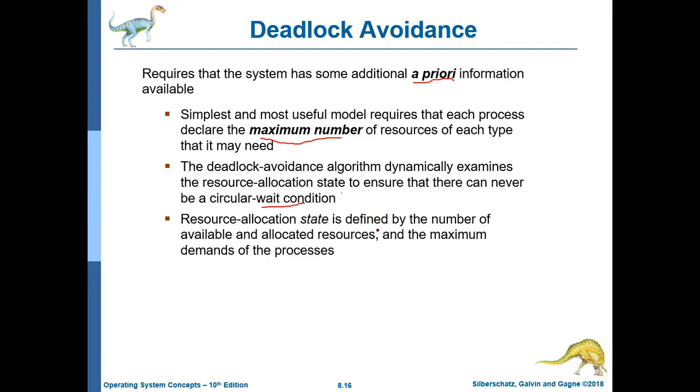Resource allocation state is defined by the number of available and allocated resources and the maximum demands of the processes. Whenever we talk about resource allocation state, that is totally dependent upon the number of resources you have already allocated to that process and the maximum demands of that particular process which it will ask for in the future.